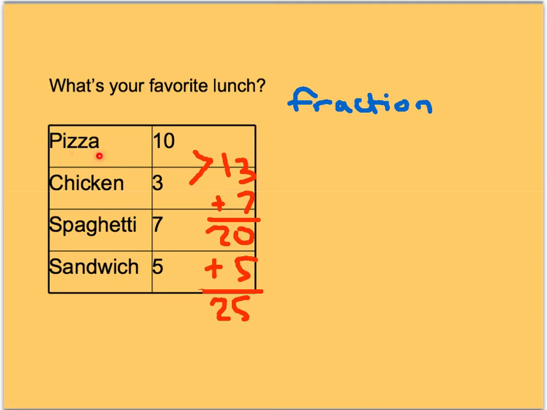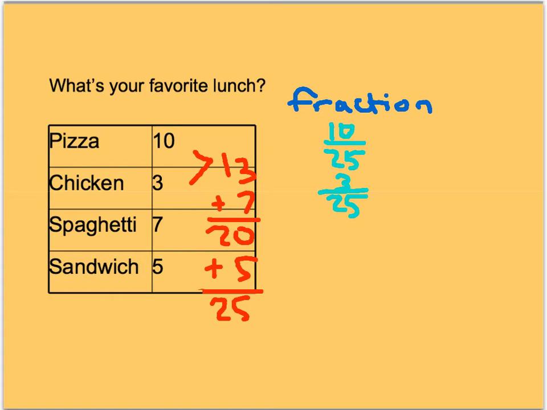If we have pizza as being 10 out of 25, we can write that as a fraction, where we put 10 in the numerator and 25 in the denominator. What fraction of the people like chicken? 3 out of 25. It's a little hard for me to see that, so maybe I'll switch colors.